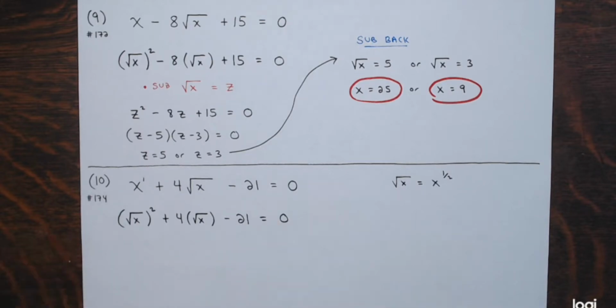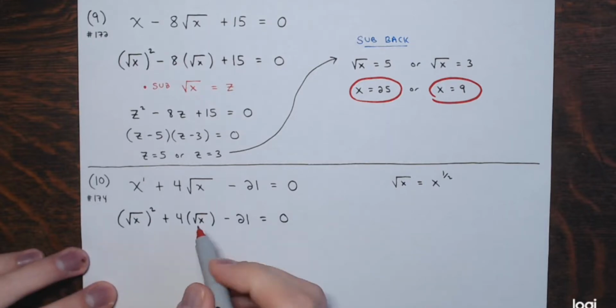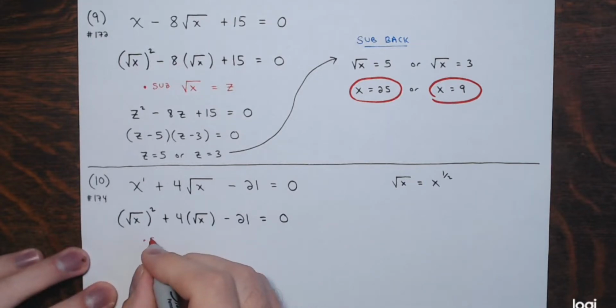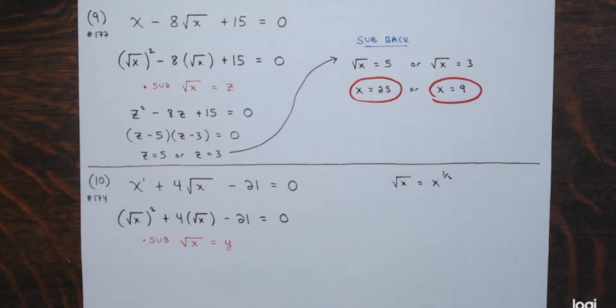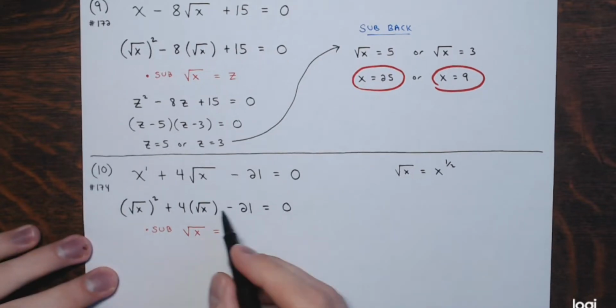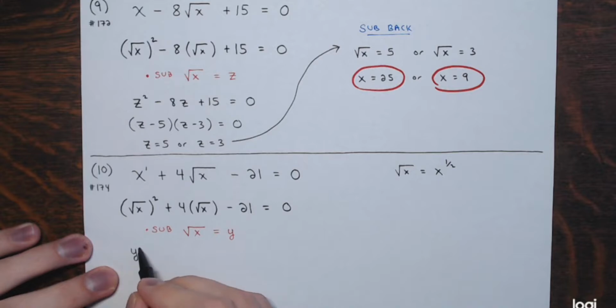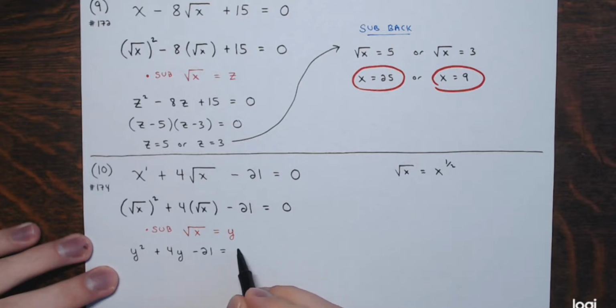And then I'll make my substitution for the square root of x. I'm going to replace the square root of x with y. Why not? So now the equation becomes y squared plus 4 times y minus 21 equals 0.